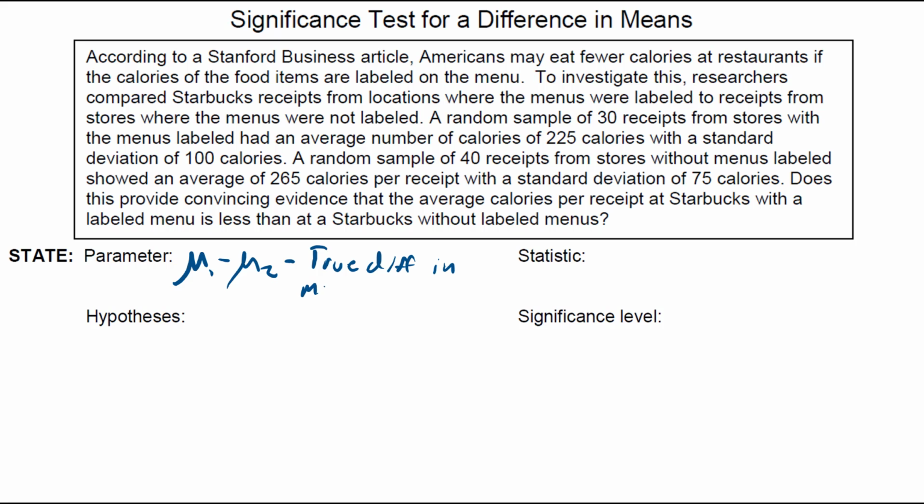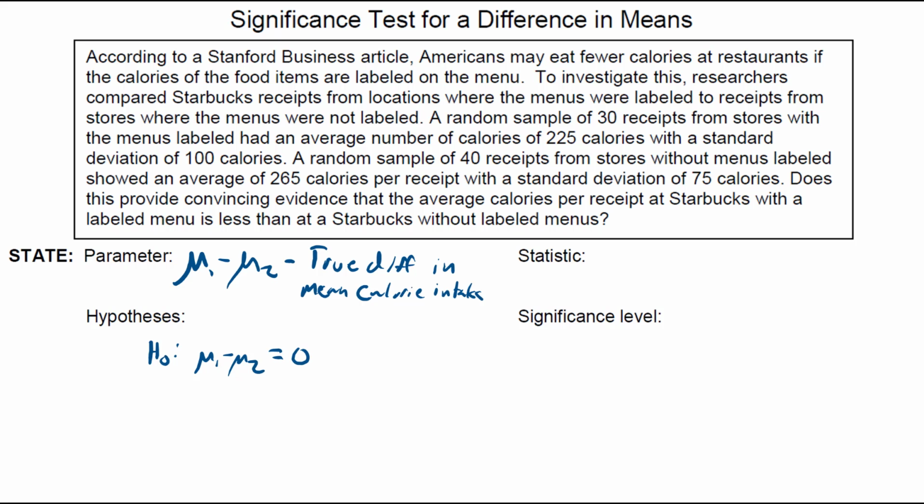Okay, so then what were our hypotheses? Because we just said that, right? We know that the null is going to be that they're equal, that the difference equals 0. So our null hypothesis is that mu1 minus mu2 is 0.